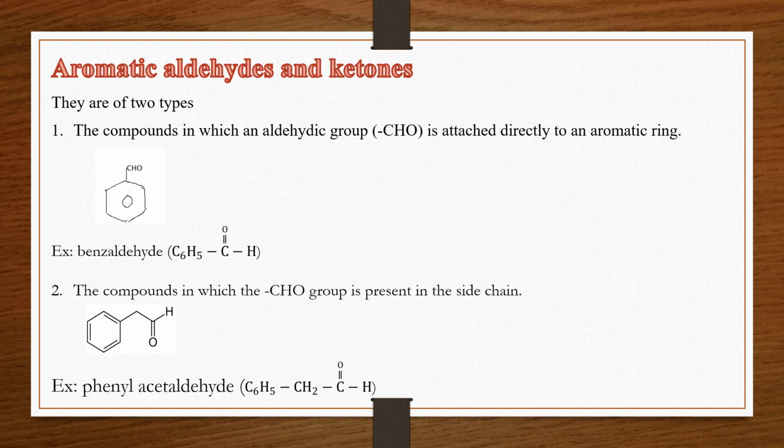Okay. So look at the structure of the aromatic aldehyde in which CHO is directly attached to the aromatic ring. Do you know the name of this compound? I have written the name below the structure. It is called as benzaldehyde. What is the spelling, students?